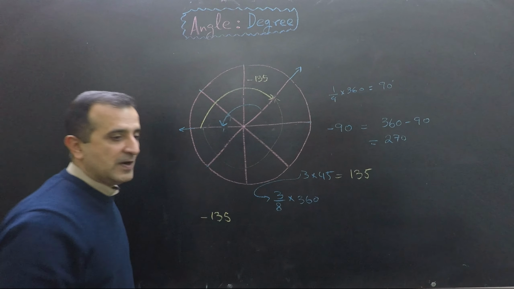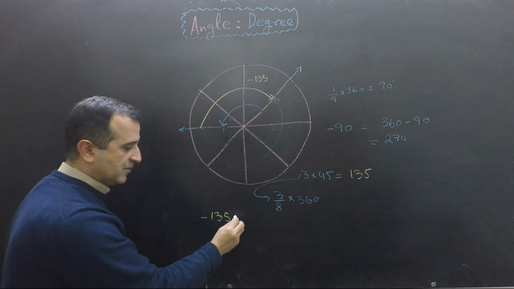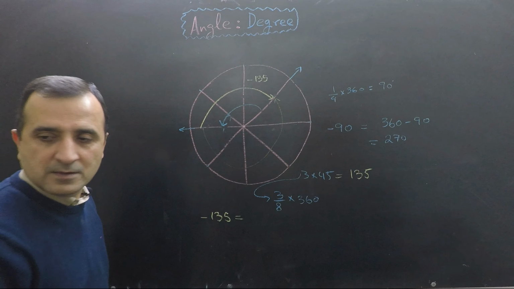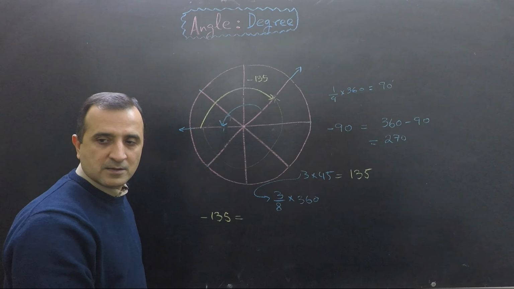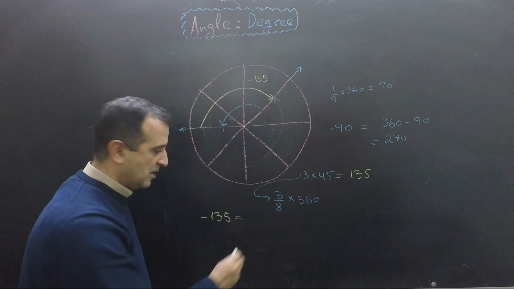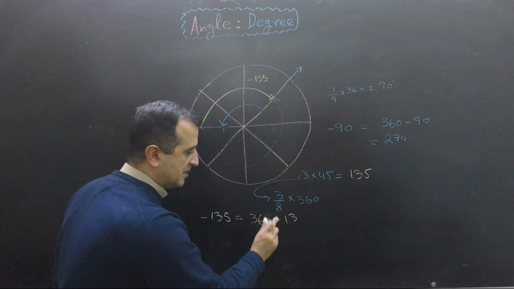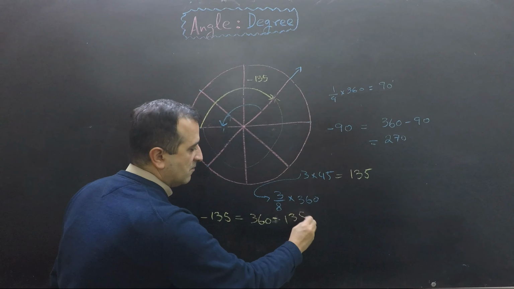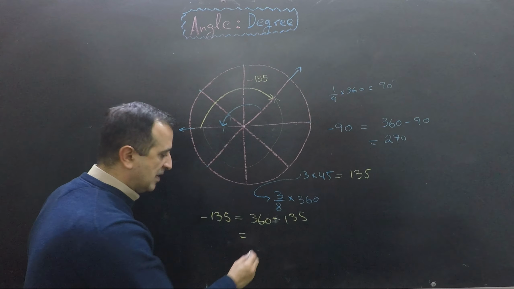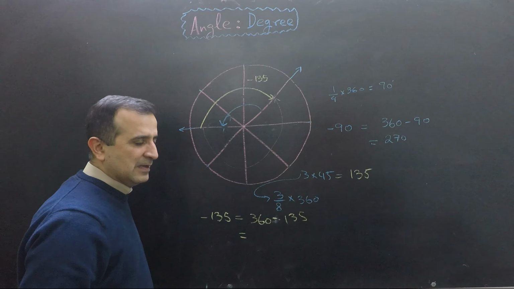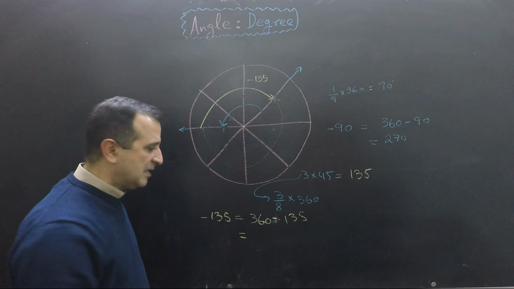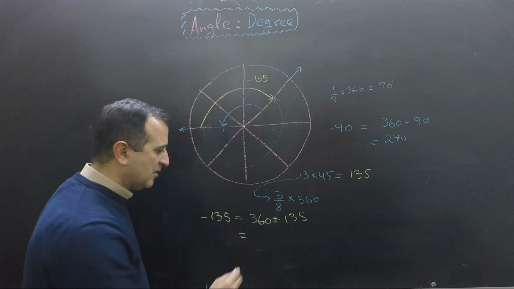It is minus 135 plus 360, so I can say it is equal to 360 minus 135, which is 180 plus 45. 180 plus 45 is 225. 225 is our answer. Very good.